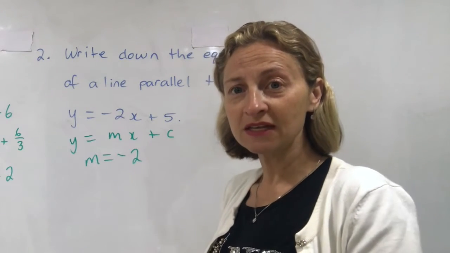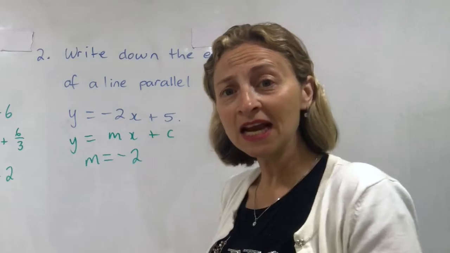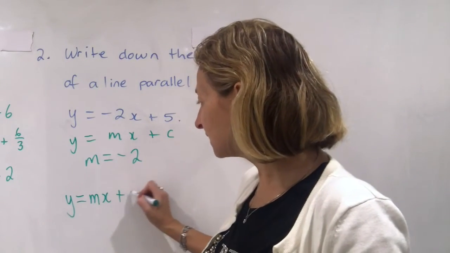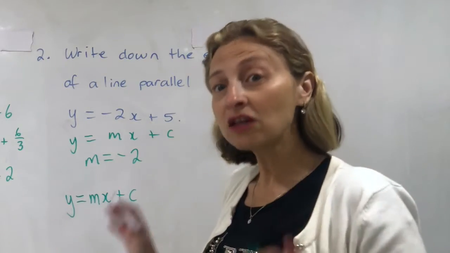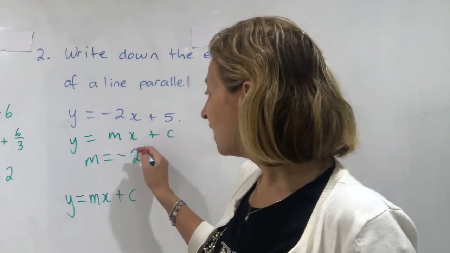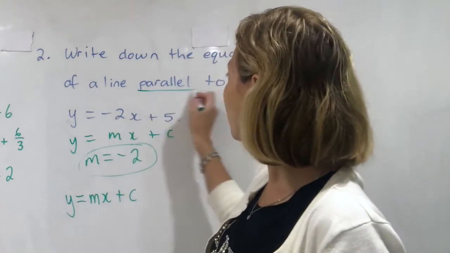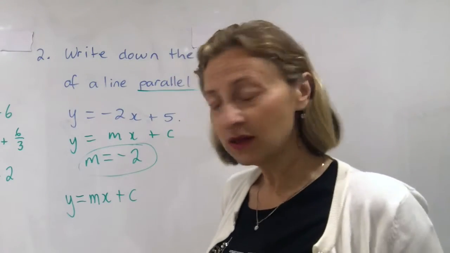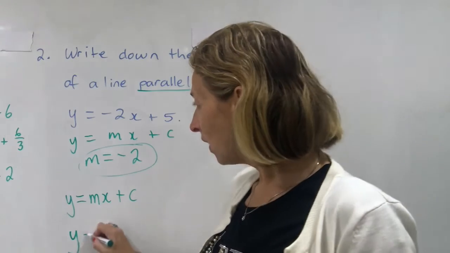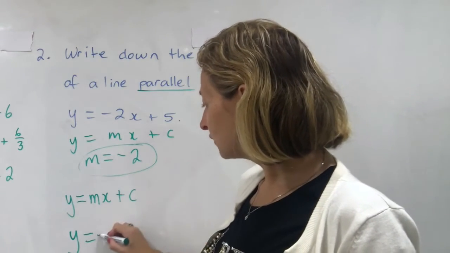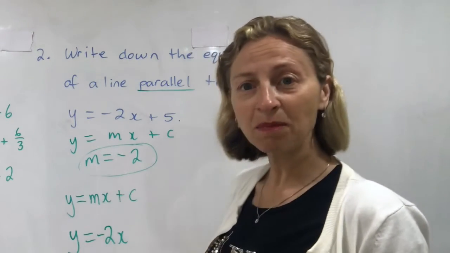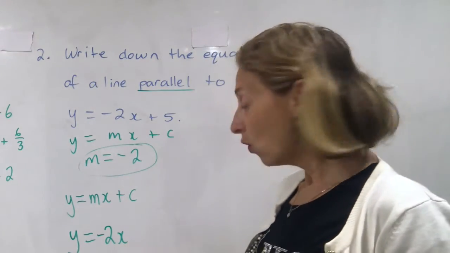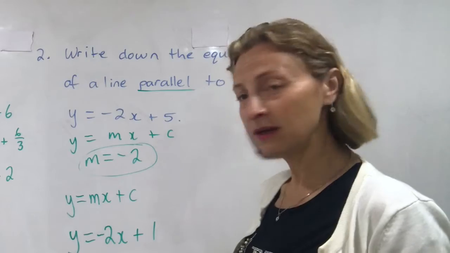You better get used to these. I can write down the equation of any line. We know that that can be y equals mx plus c. Any line as long as it has that as the gradient, because we want the lines to be parallel. And parallel lines have the same gradient. So I can write down y equals minus 2x. Or I could write down minus 2x plus 1.